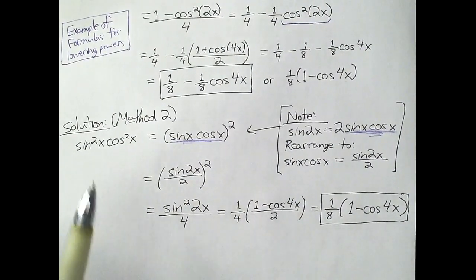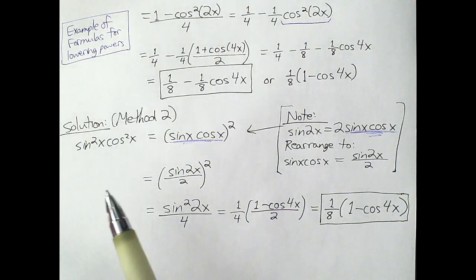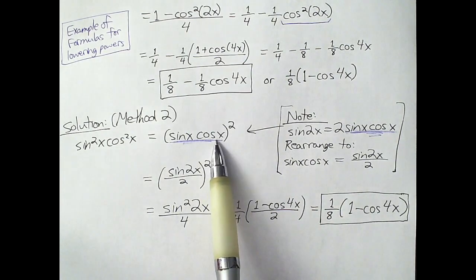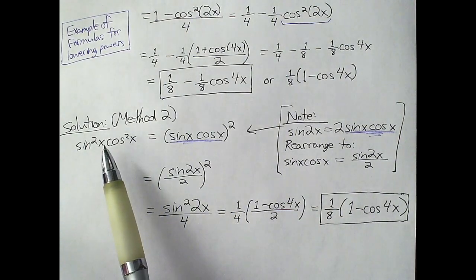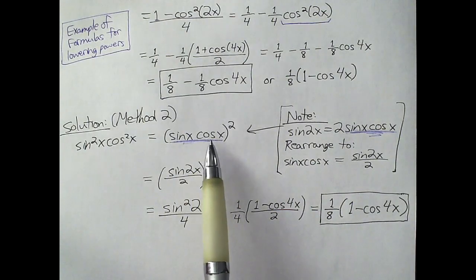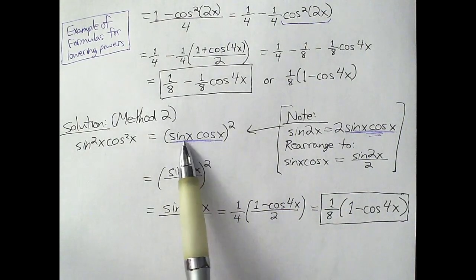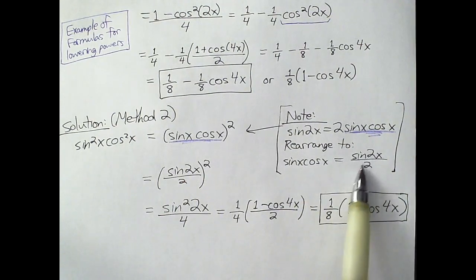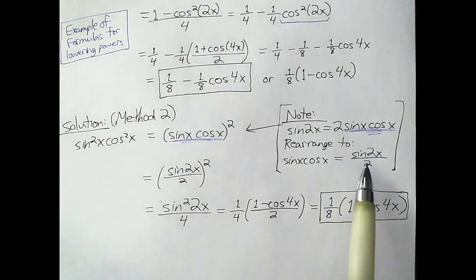The second method, it seems like we wrote fewer steps. But the trick was we had to notice, first of all, that you could go from this first step to the second step. And then you had to notice that the sine x cosine x could be written in this way. And that's something that might not be so easy to notice.